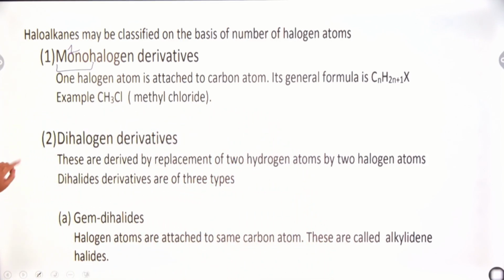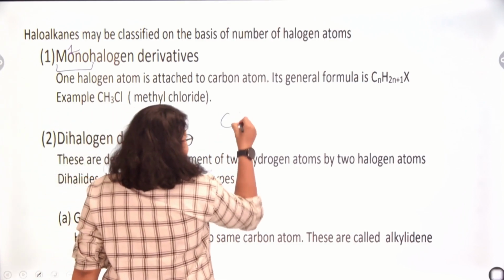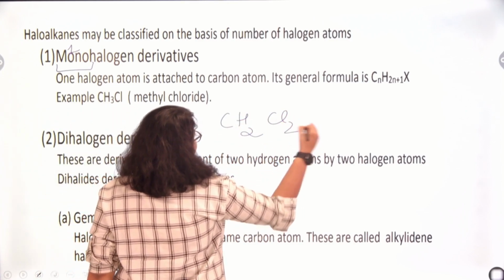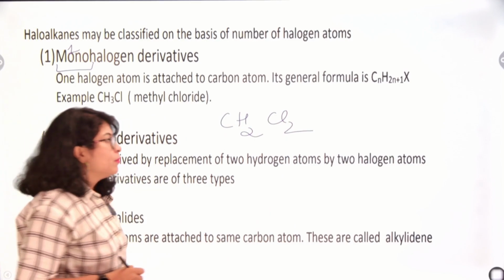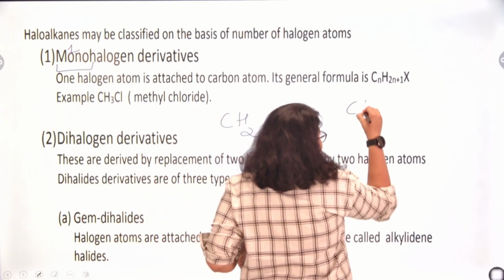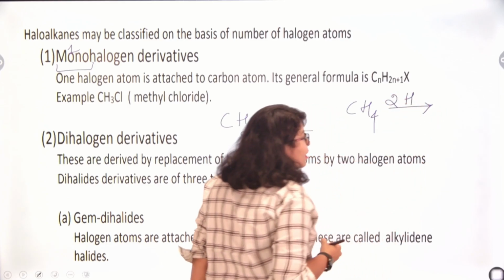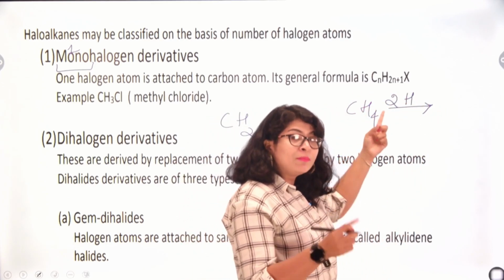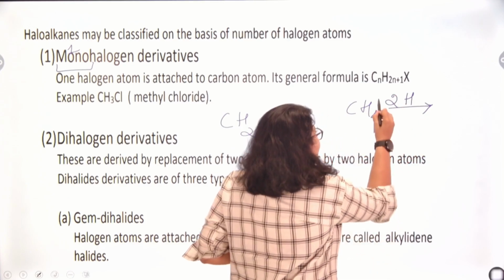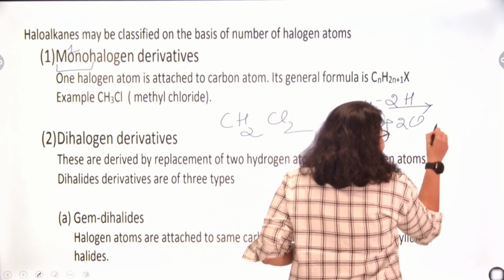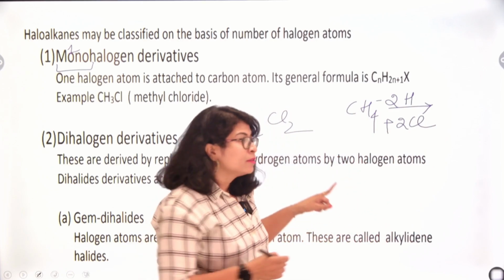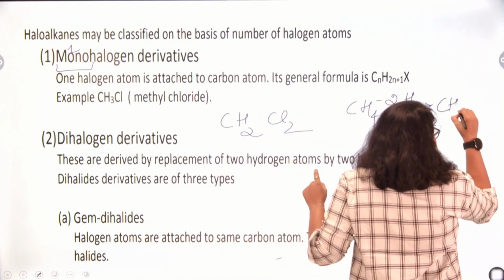Here, if I see the example CH2Cl2, from my alkane CH4 methane, I have removed two hydrogen atoms, and in place of two hydrogen atoms, I have added two chlorine atoms. Then I get CH2Cl2.